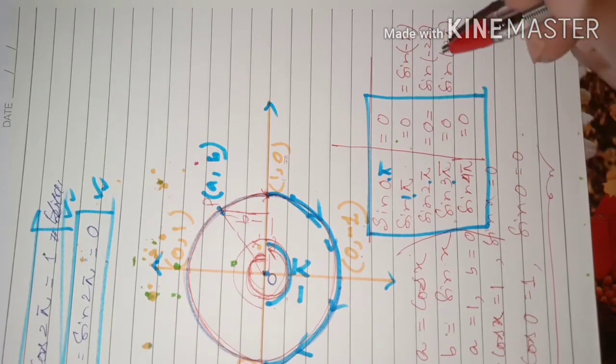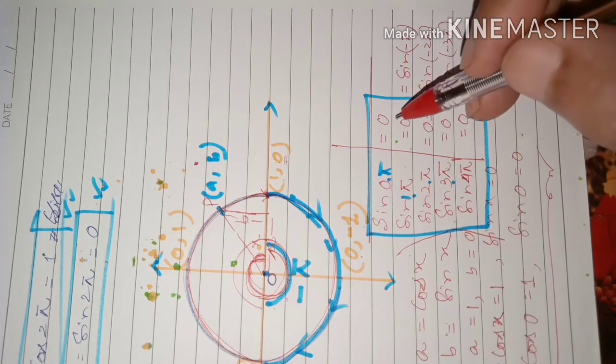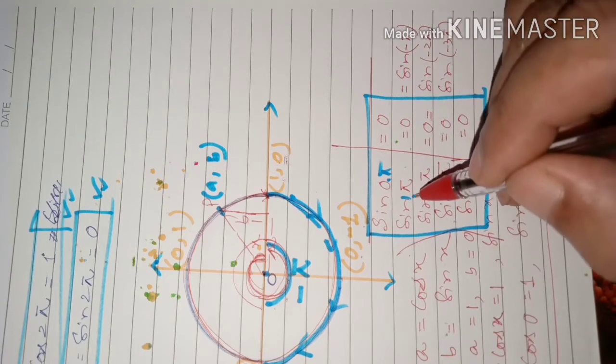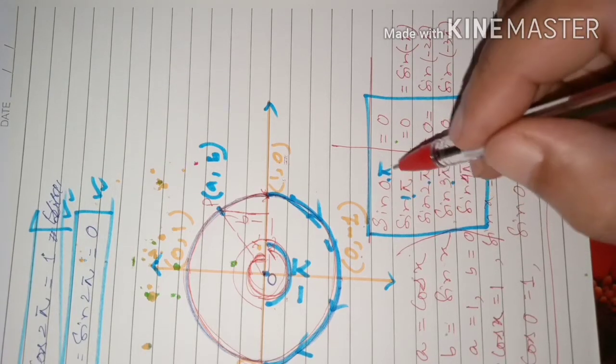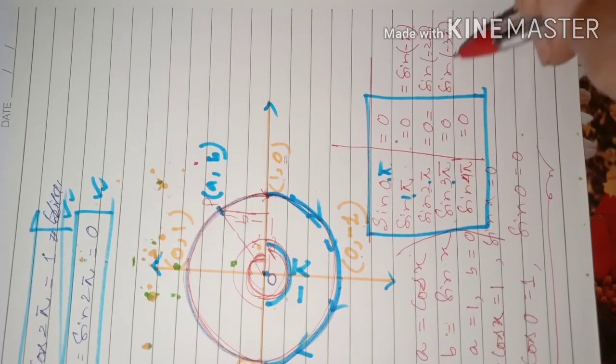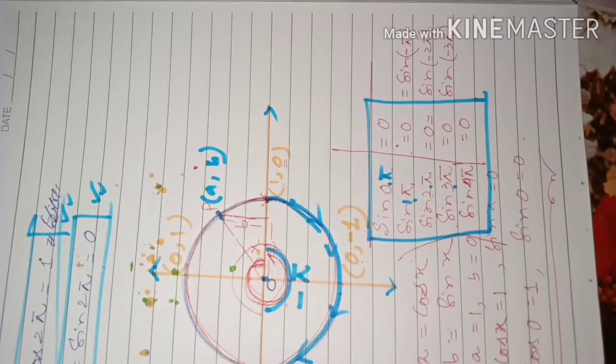So you see, students, for any integral multiple of pi, meaning 0 pi, 1 pi, 2 pi, minus 1 pi, minus 2 pi, minus 3 pi, for all these angles sin is all the time 0.